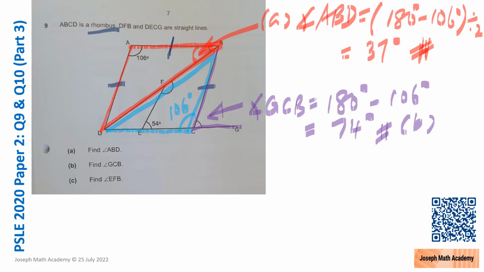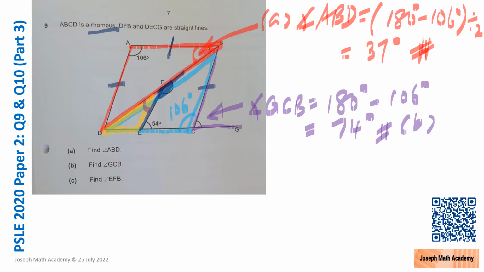Part C. To find angle EFB, which is this angle over here, which I am marking now. We need to use the triangle over here. I'm going to indicate using yellow. This triangle over here. Now, let's find out what this is.